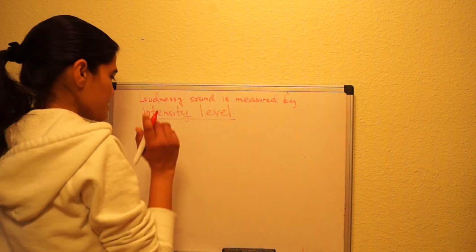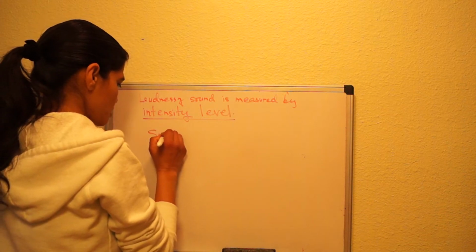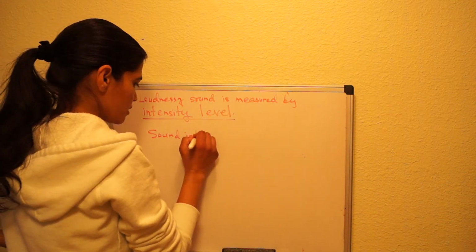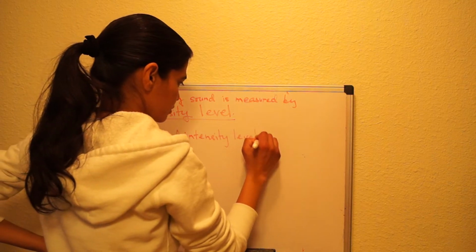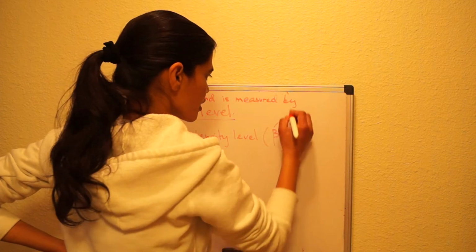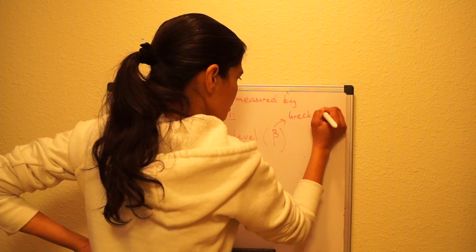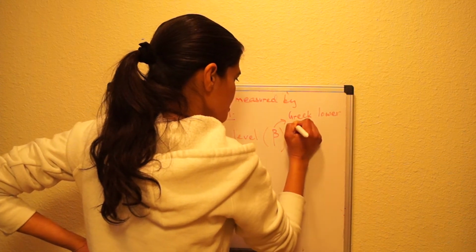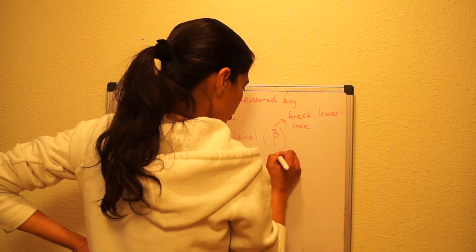Really, it's called sound intensity level and represented by the quantity beta. This is a lowercase Greek beta, and it is called beta, okay?